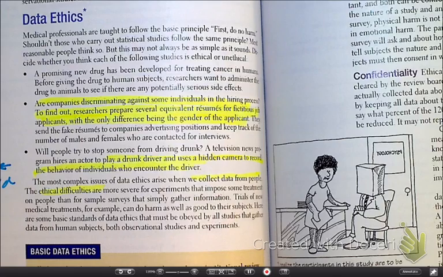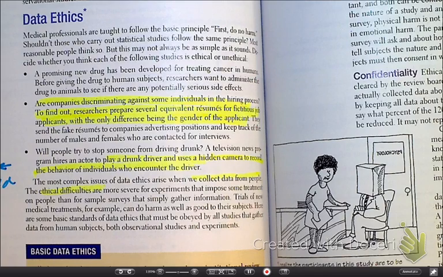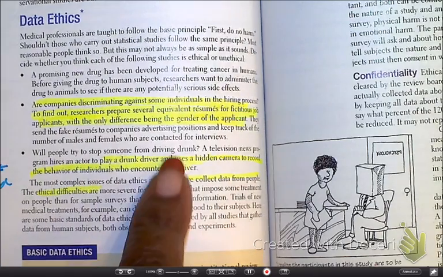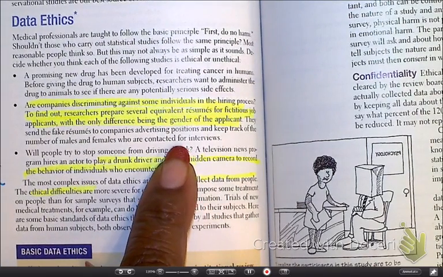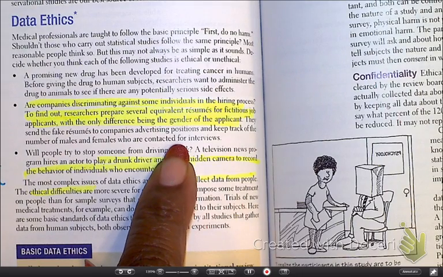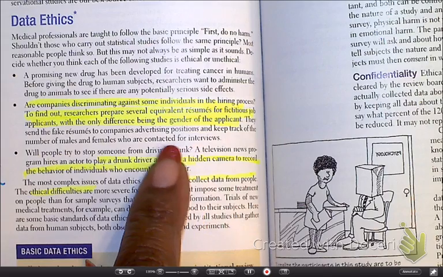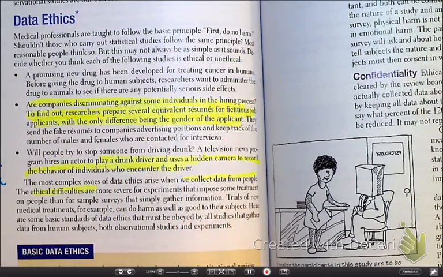I like what the book did here with companies using discrimination. The researcher prepares several fake resumes, and they track the resumes with the companies, and then keep track of the number of males and females that were contacted.